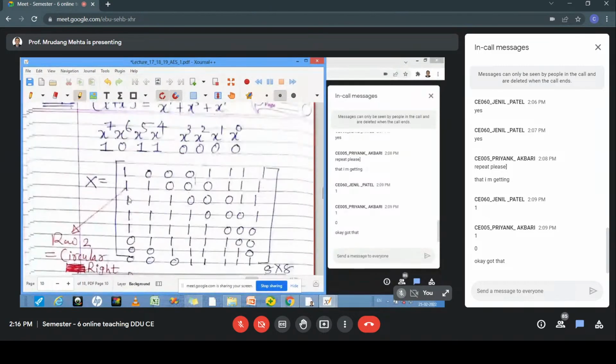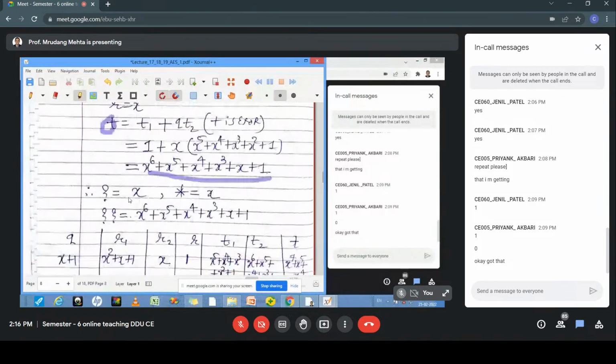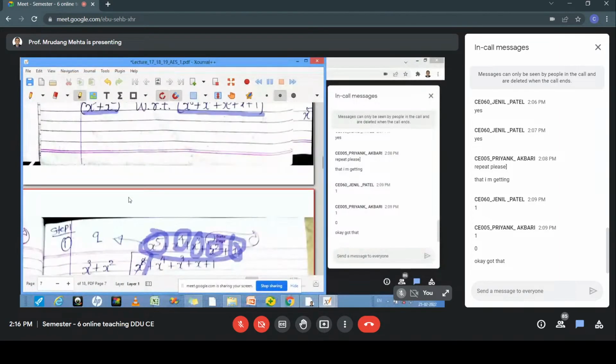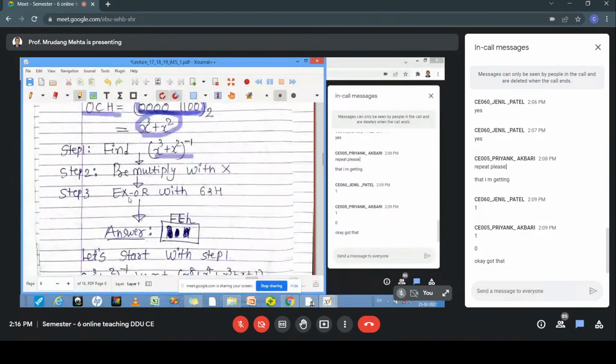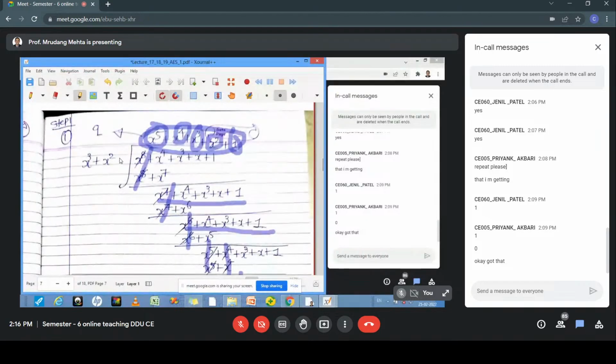Okay? So, the first step we have followed. Do you want me to perform all the steps, or are you able to understand this? Yes, students? Are you able to understand this, or do you want me to repeat for all steps?